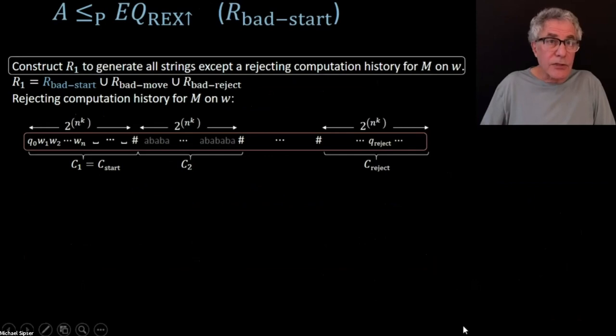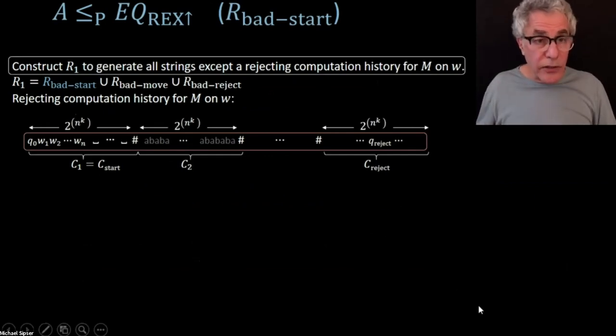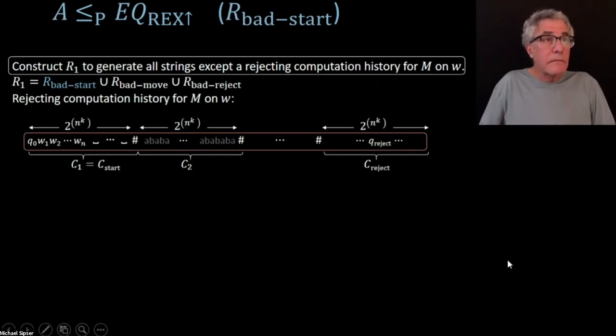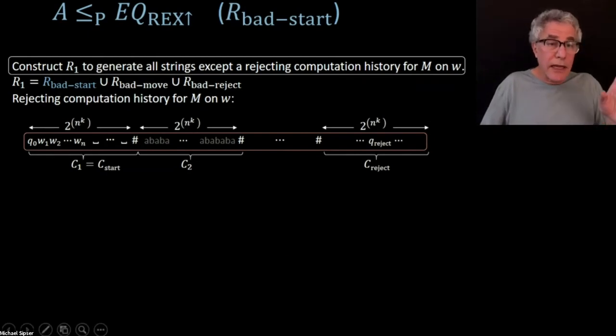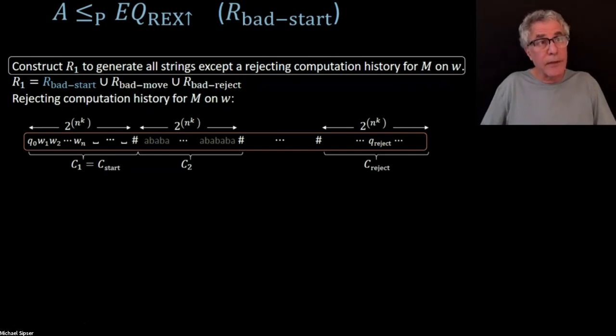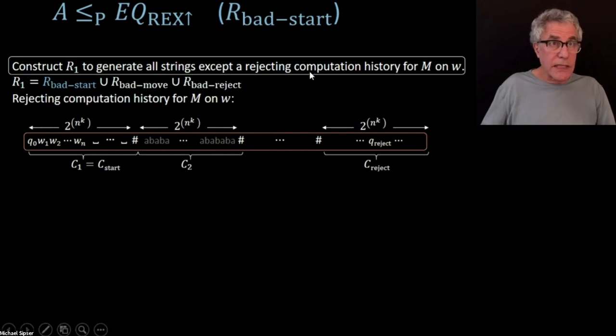Anyway, okay, so let's move on and start doing this, the hard stuff. Here is the bad start, which is challenging enough even this little piece is going to be a little bit challenging to describe. So just rewriting from the previous slide. We're trying to make R1, which is generating all those strings except the rejecting computation history frame on W. It's in those three parts. Right now I'm describing the bad start piece.